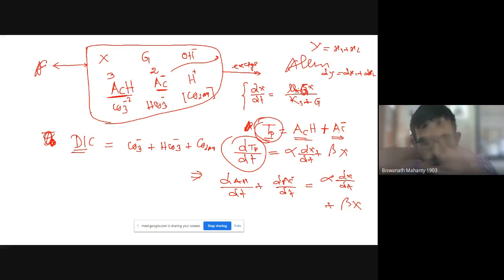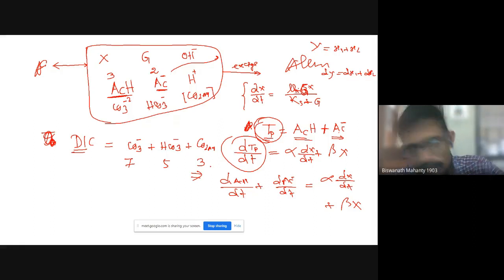See, this is my imaginary boundary, right? Just for a fraction of a second, assume I am taking a picture, and I have carbonate 7, bicarbonate 5, and aqueous carbon dioxide 3 moles. So what is the total? 7 plus 5 is 12, plus 3, 15.